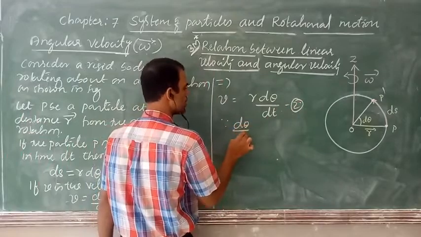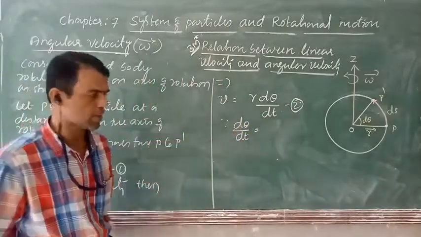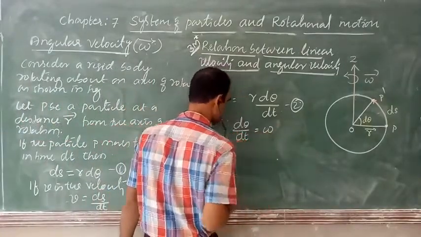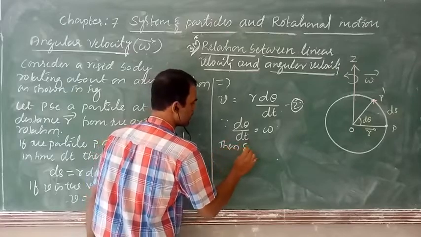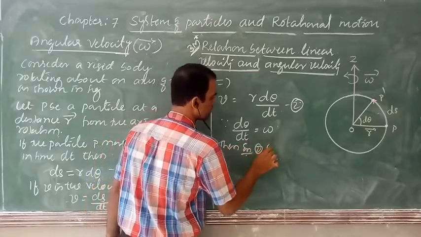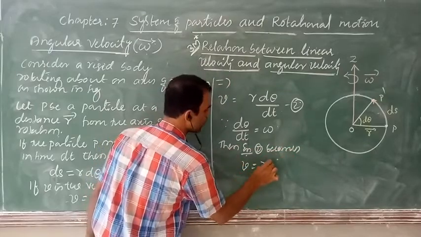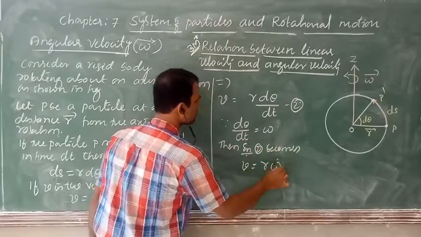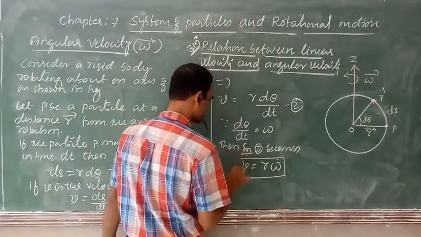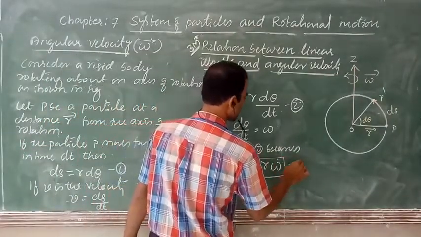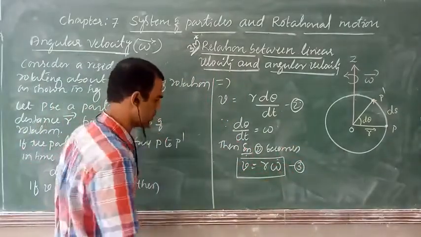Since the rate of change of angular displacement with respect to time, d theta divided by dt, is equal to omega, called angular velocity, equation 2 becomes v is equal to r into omega. V is equal to r omega. This is equation 3, the relation between linear velocity and angular velocity.